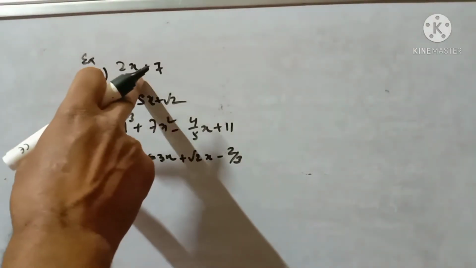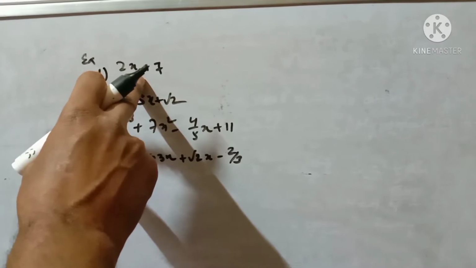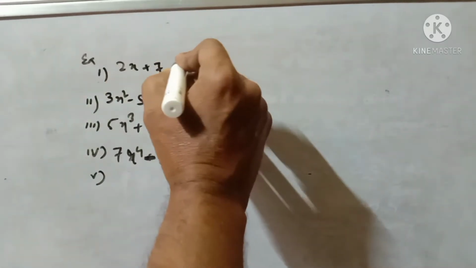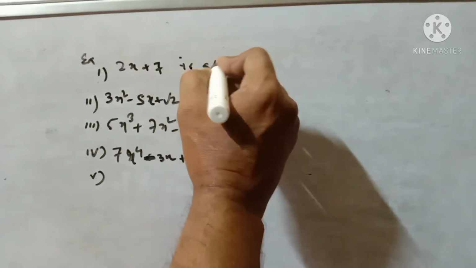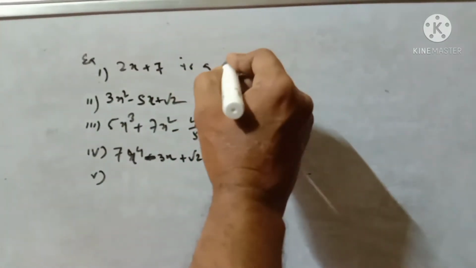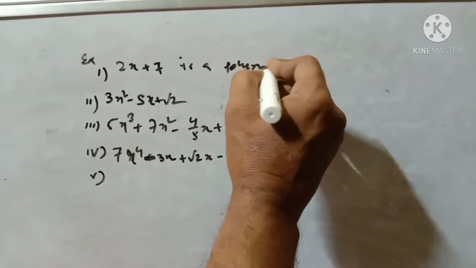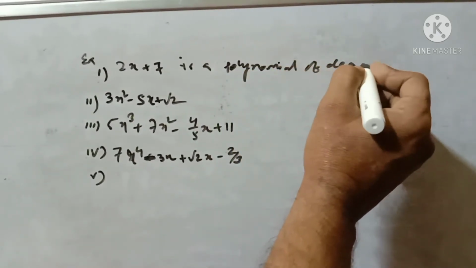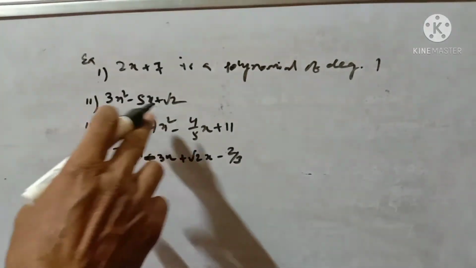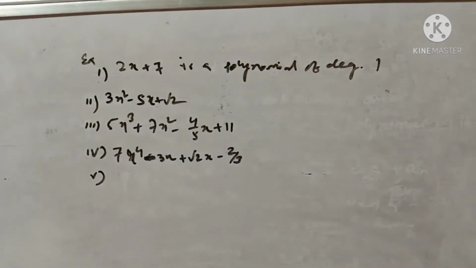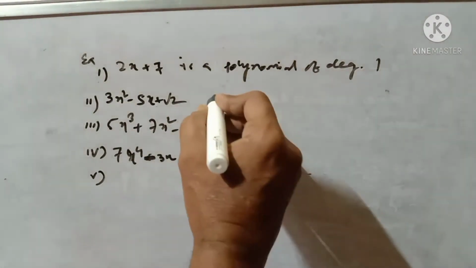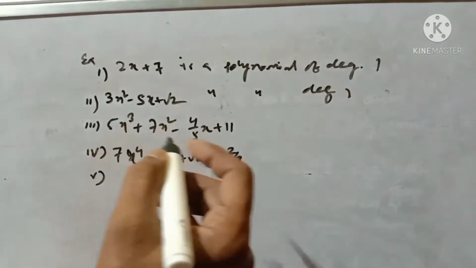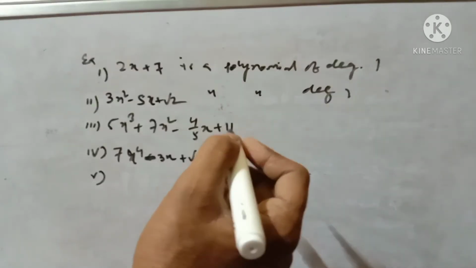See, for example, I am showing some examples. 2x plus 7 is a polynomial of degree 1. Okay, this is a polynomial of degree 2, called a quadratic polynomial.